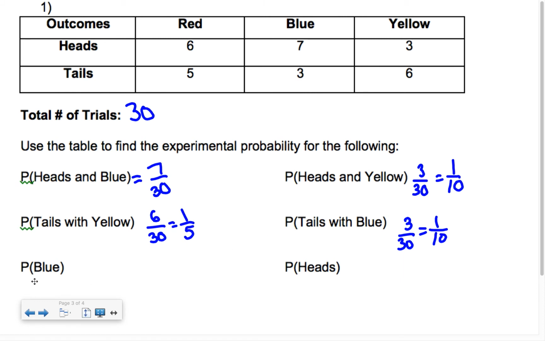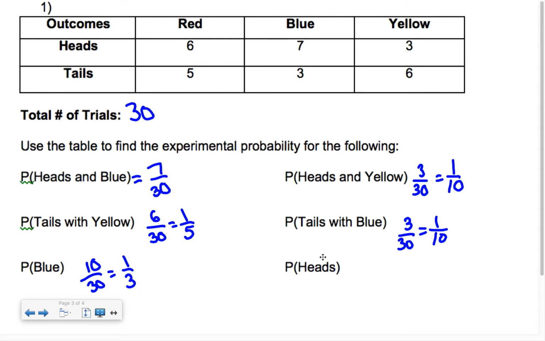Now, we're looking at the probability of blue. But it doesn't tell us if it's heads with blue or tails with blue. All we care about here is that it was blue. Now go over to blue. We have 7 and we have 3. So 7 times it was heads with blue. 3 times it was tails with blue. So blue happened 10 times. So 10 times out of the 30 trials, which simplifies to 1/3.